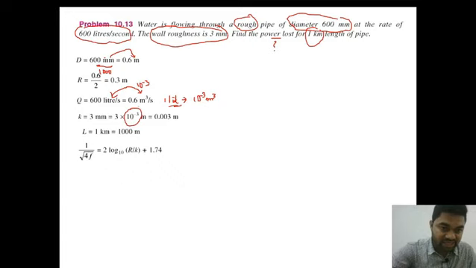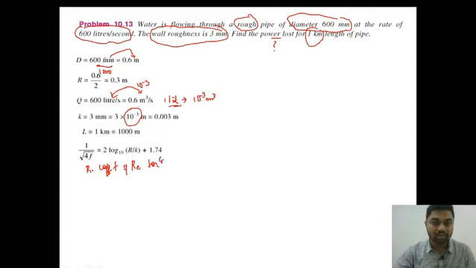This is the relationship for rough pipe in turbulent flow. This relation will be used.